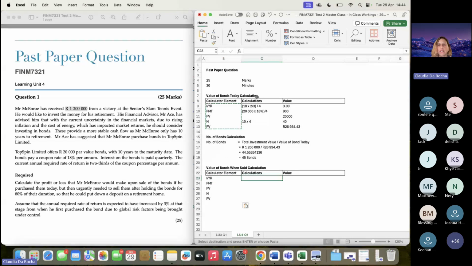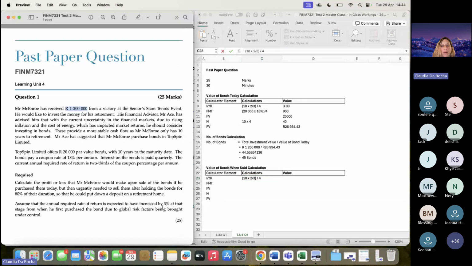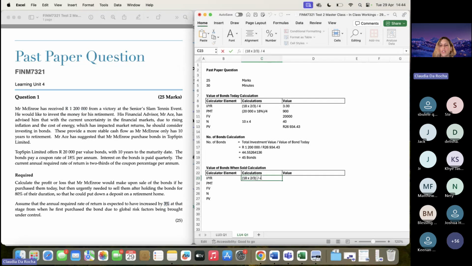So your interest rate is still going to be 18% times 2 over 3, or 2/3. But what has happened is you've got a 3% increase. So you're going to add the 3, and then this entire amount is going to get divided by 4, because you're still compounding quarterly. That hasn't changed.